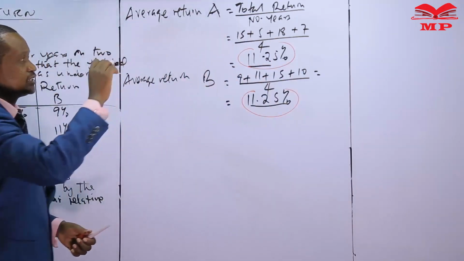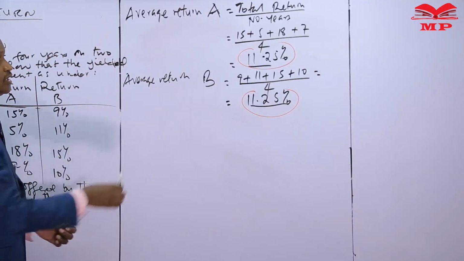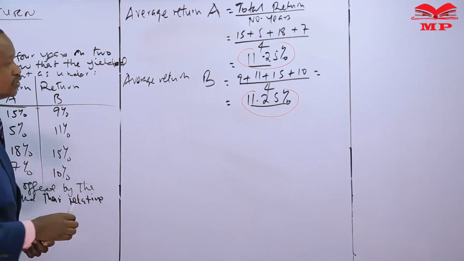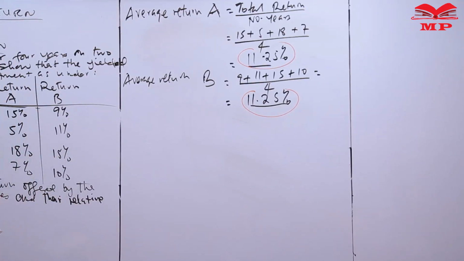With the two securities offering similar returns, it's not easy to know which of the two is riskier than the other. That's why we need to compute their relative riskiness.